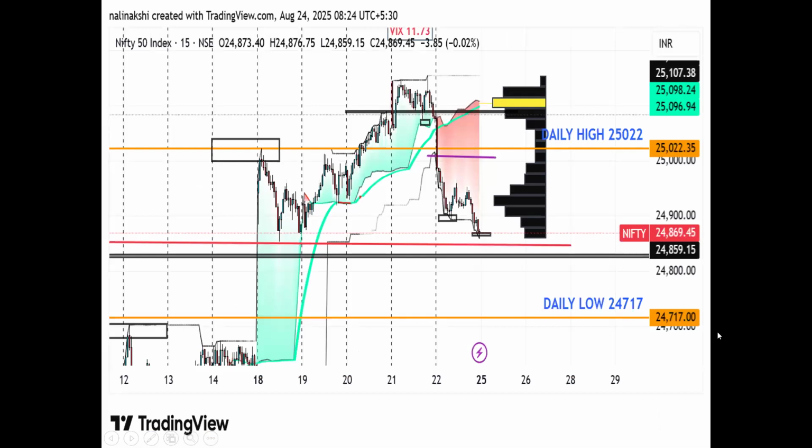So, this is the example of the Algo Alpha. I've applied the Algo Alpha on the Nifty chart, and you can see this is the volume profile on the left side, the black thing, and the yellow bar is the point of control. At this period, the point of control was there, and on the 22nd, the price started moving away from this point of control value area. You can see value areas are plotted with black boundaries. And this green color is the trend indicator.